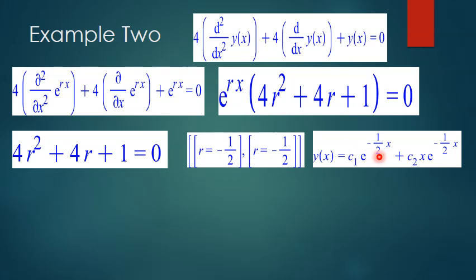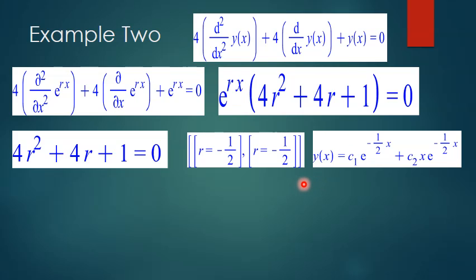So my solution would be, here's my generic solution with r of minus 1/2 right here for the first one, and here's the second one, r of minus 1/2. Now since it's repeated, I have to multiply again by another factor of the independent variable, in this case x. So this is going to be my family of solutions for this differential equation.